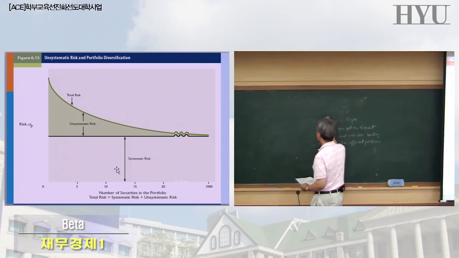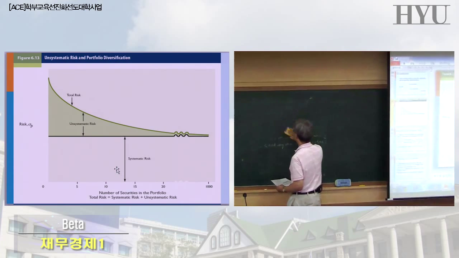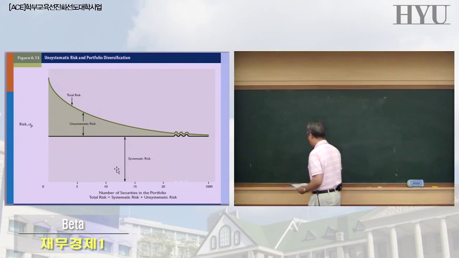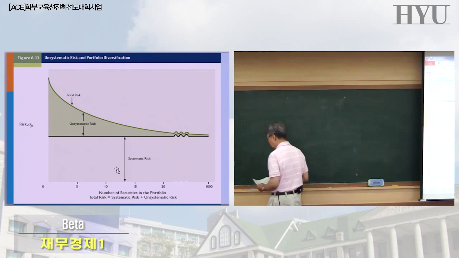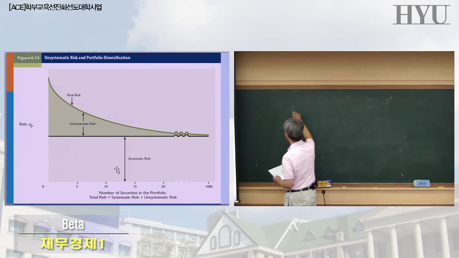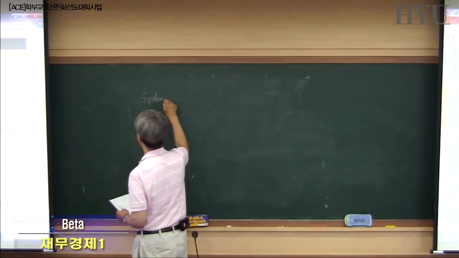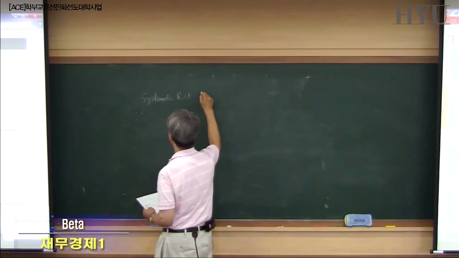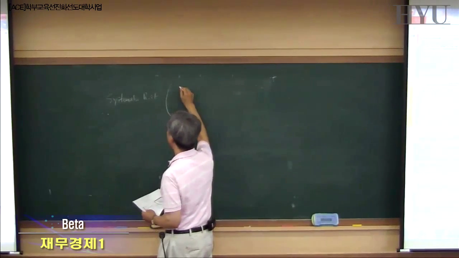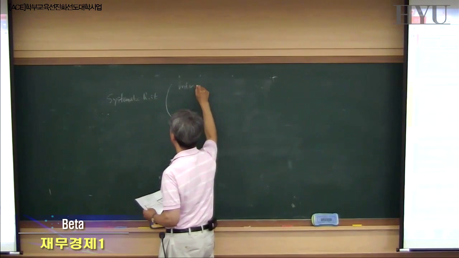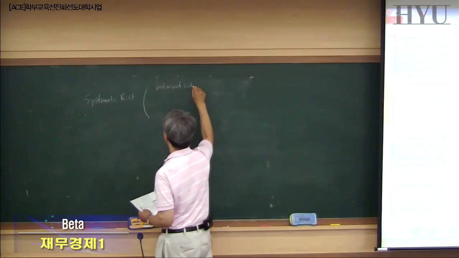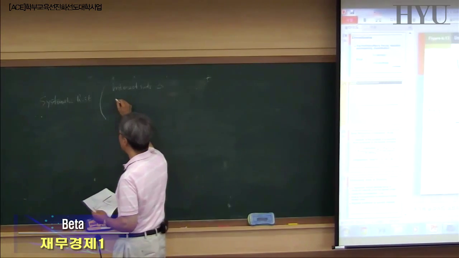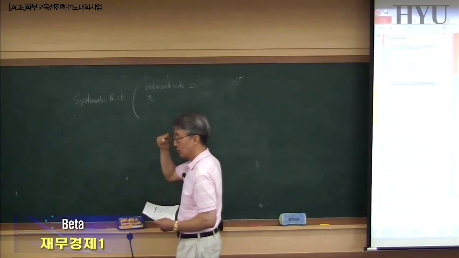So something like interest rate risk: when the interest rate goes up, the entire stock market goes down. So systematic risk can be affected by interest rate changes, or inflation. Pi stands for inflation.